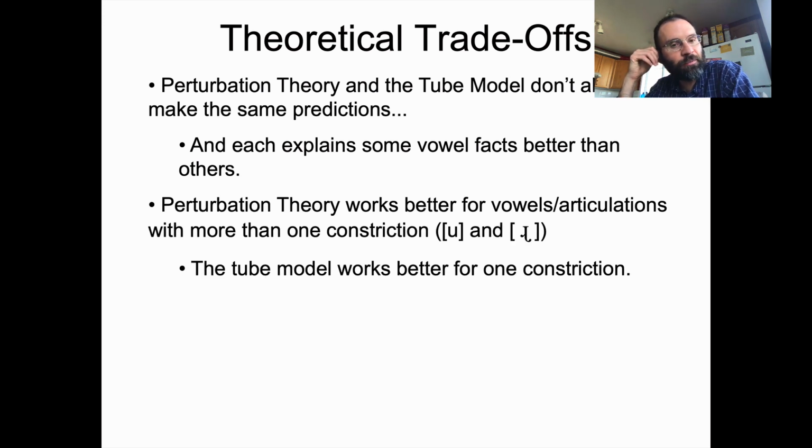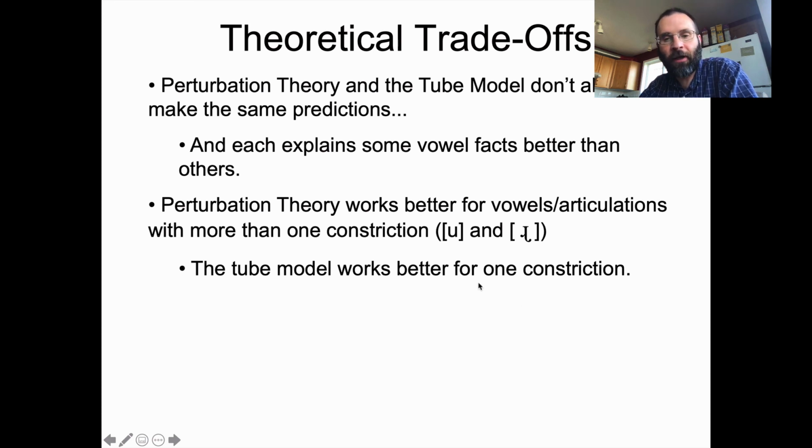So we talked about this with perturbation theory, but sometimes when you have more than one constriction, like in "ooh", it seems like the various constrictions are kind of working together in synergy to produce the same acoustic effect. And for that model, which is relatively complicated, you can kind of easily see the connections between the multiple articulations and why they're both being employed to produce the same acoustic pattern. So that theory makes those connections easy to see.